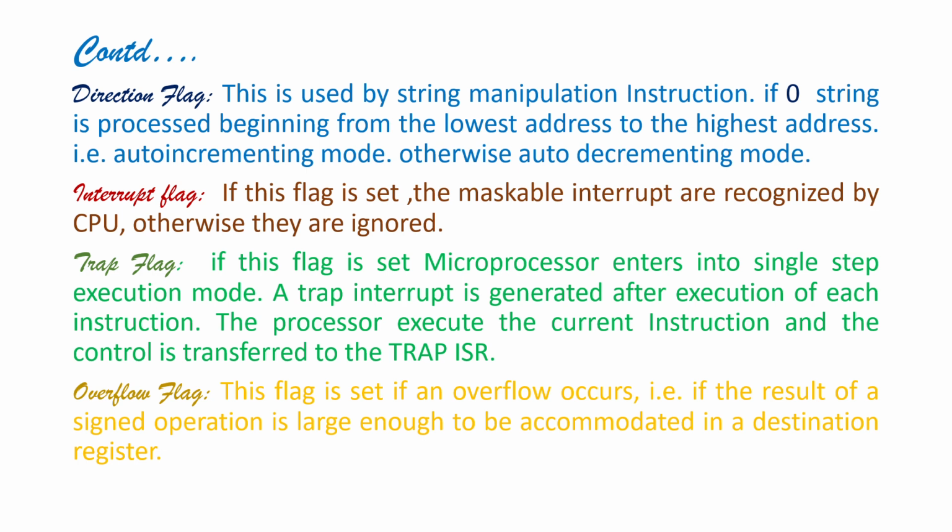For example, in the addition of two signed numbers, if the result overflows into the sign bit, that is, the result is more than 7 bits in size in case of 8-bit signed operation, and more than 15 bits in size in case of 16-bit signed operation, then the overflow flag will be set. So this is about the flag register of the 8086 microprocessor.